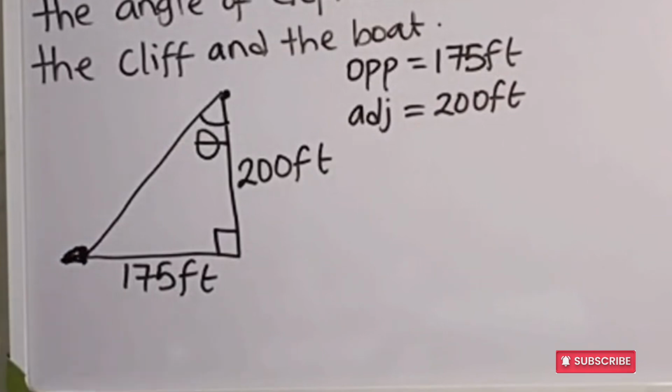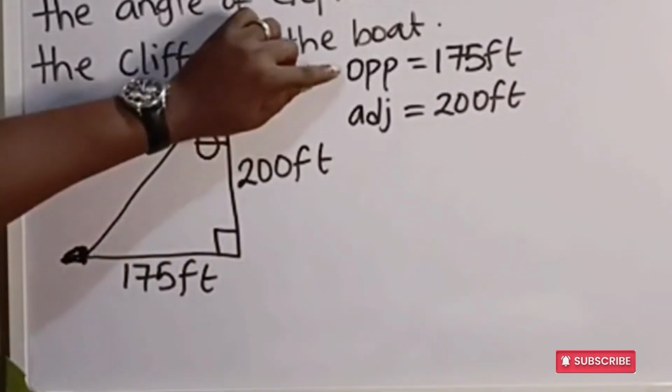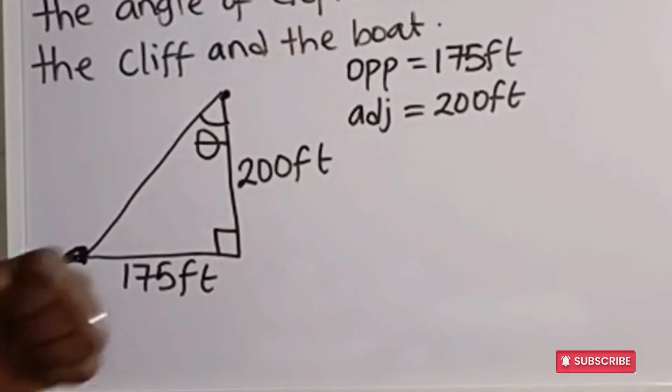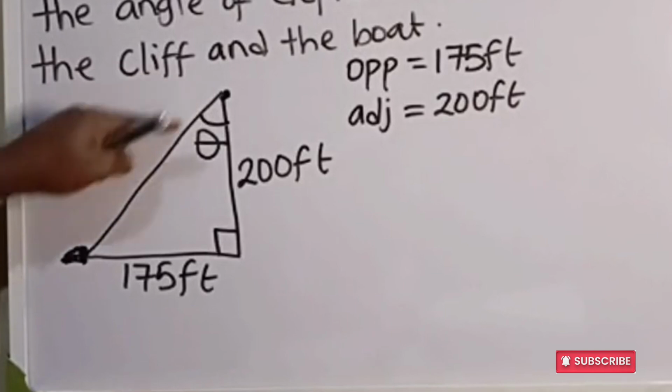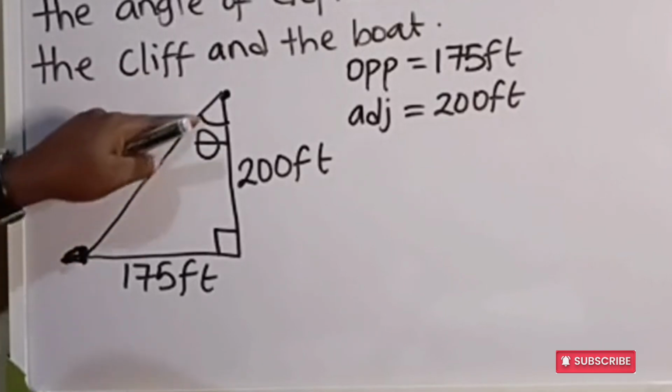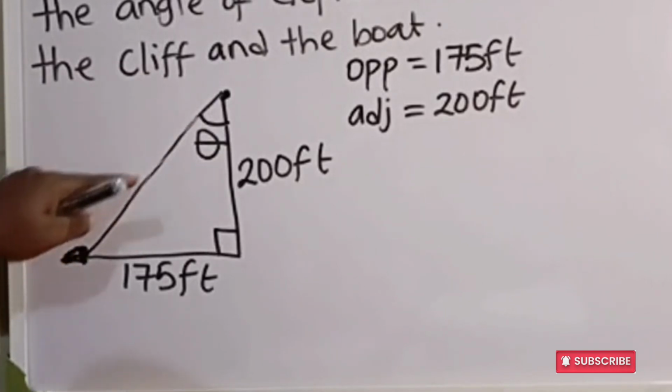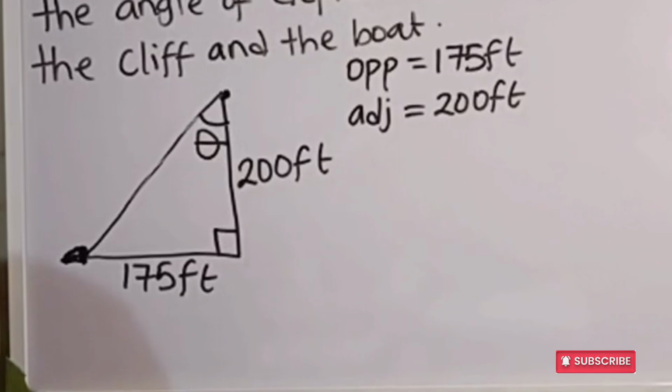So I want to ask you guys, are we going to use SOH, CAH, or TOA? Based on the fact we are given opposite and adjacent, is it going to be SOH, CAH, or TOA? SOH is opposite divided by hypotenuse, and there's no hypotenuse in this question. Tan, correct. Tan is the same thing as TOA. So we are going to use tan.